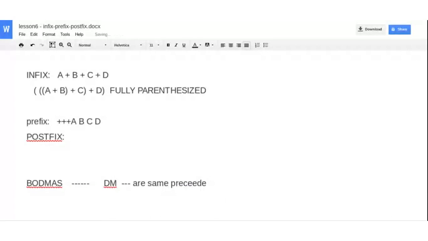This should be a single precedence. The division and multiplication are the same level, so it does not matter whether you start by multiplying or you start by dividing, the result will still be the same.